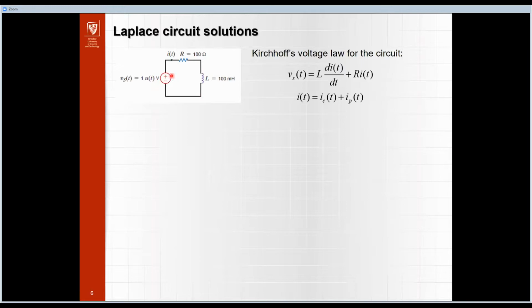So the voltage from the source is the sum of the voltage across the inductor and across the resistor. Here we can write the current as a function of time in this circuit as a complementary and a particular part of this current, and we solve the first and the second part separately.